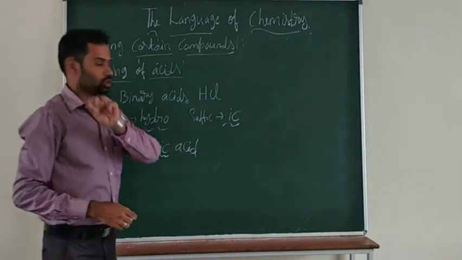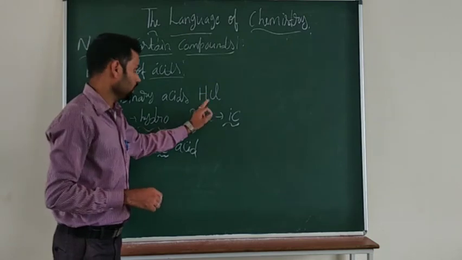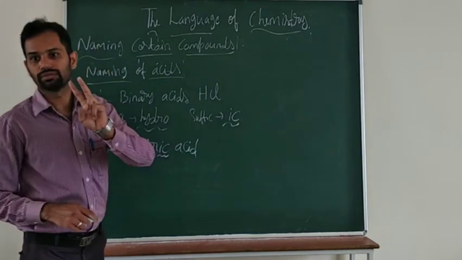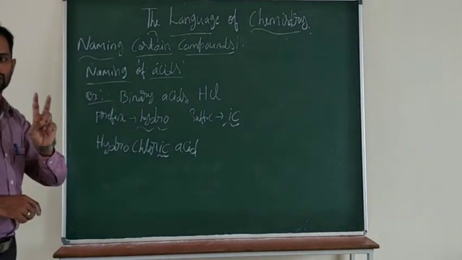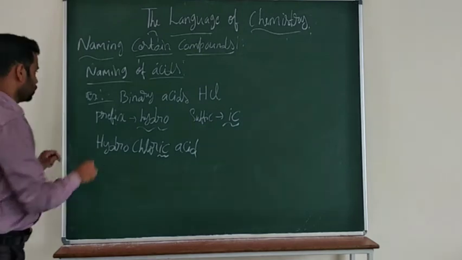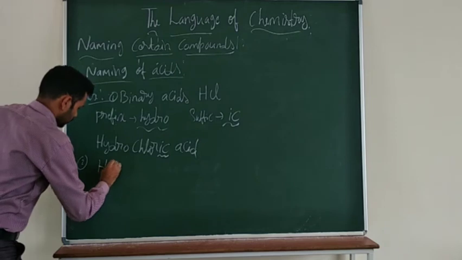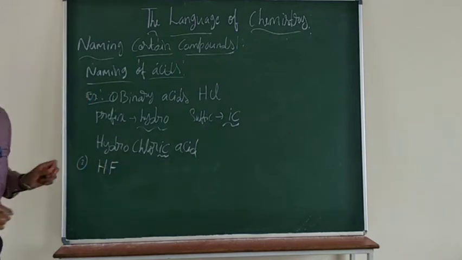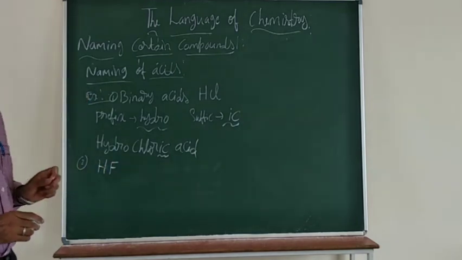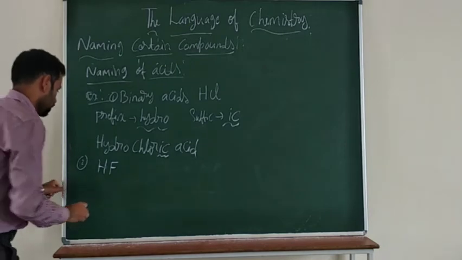Binary means 2, so here 2 elements are there. One is hydrogen, another one is chlorine. Then the second one, HF.